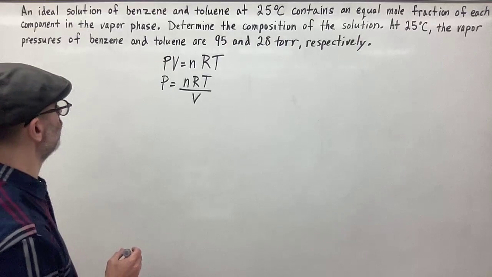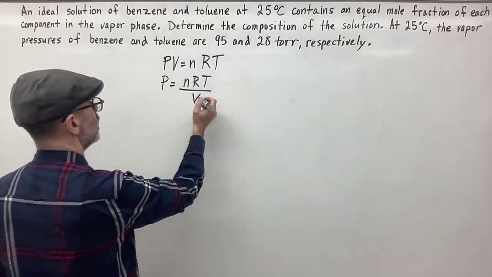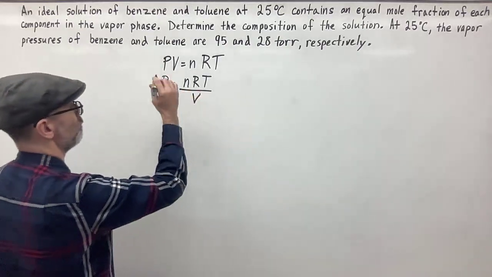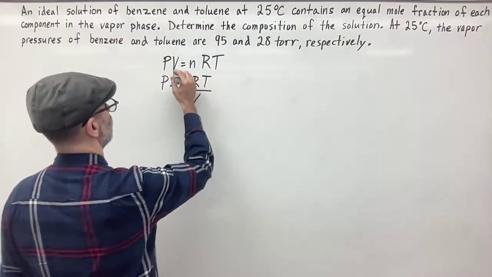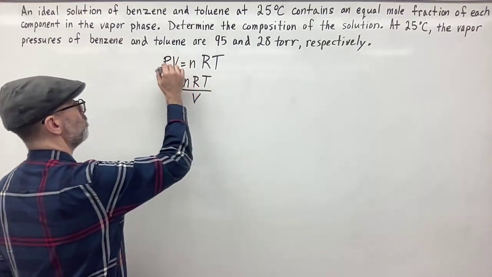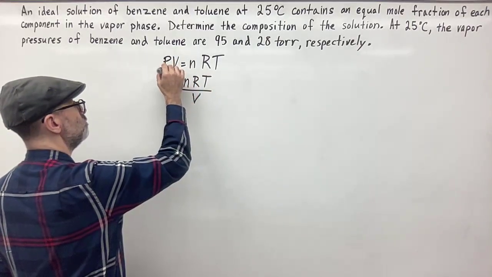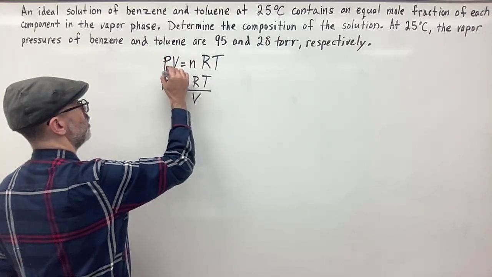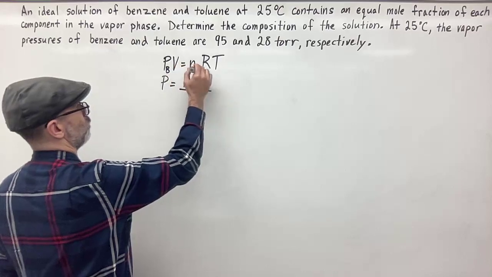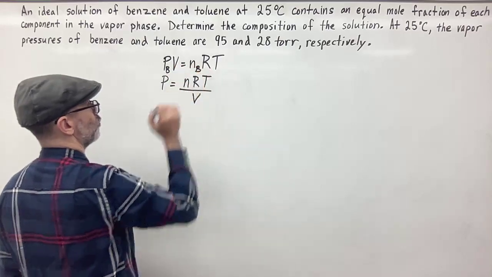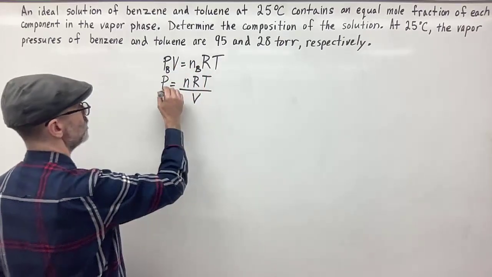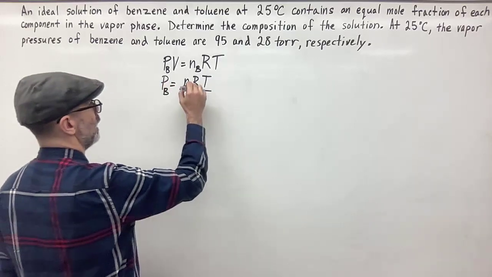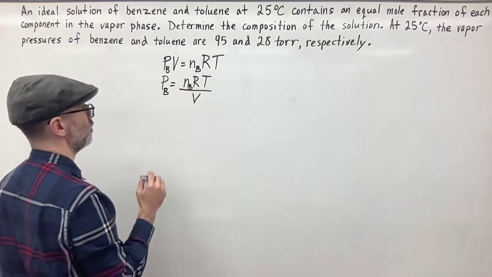And if we do that for both of the substances, let's say this is P of benzene. We'll use B for benzene, and B for the number of moles of benzene.